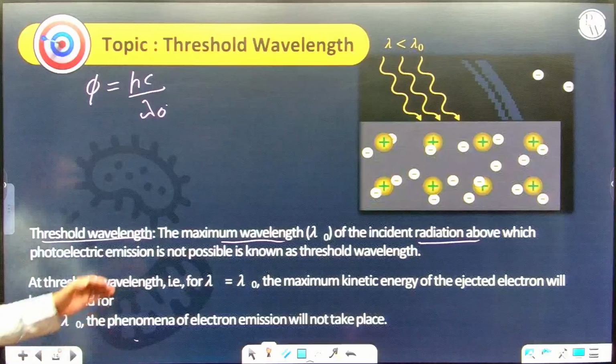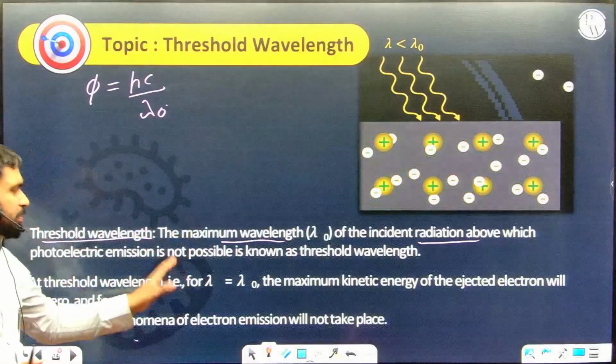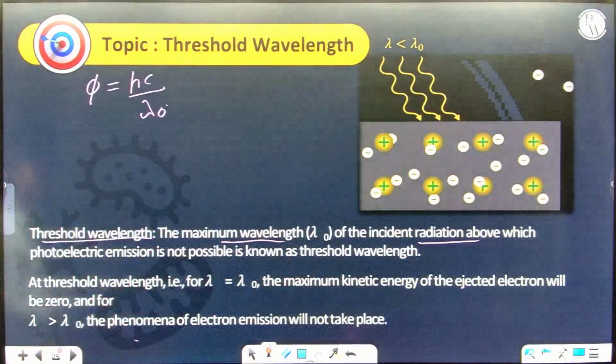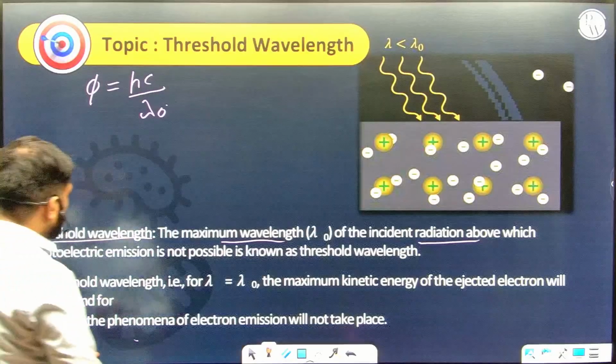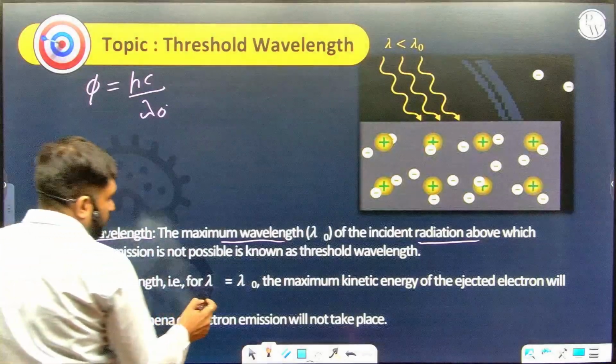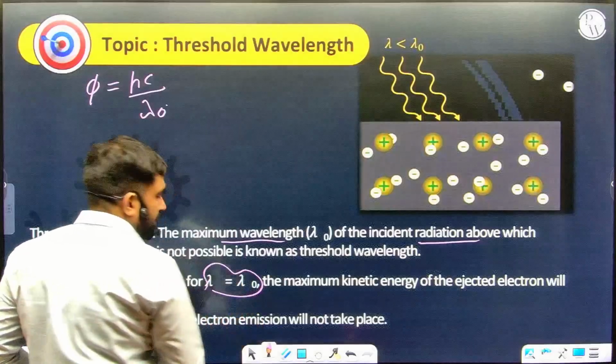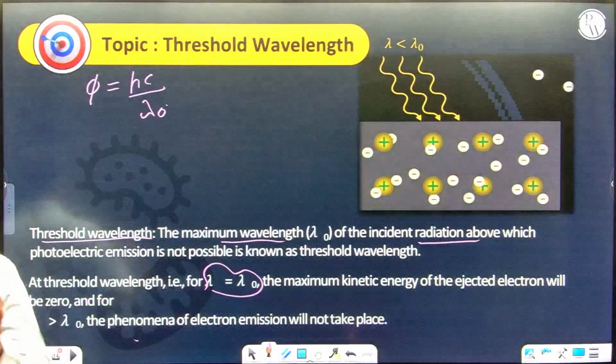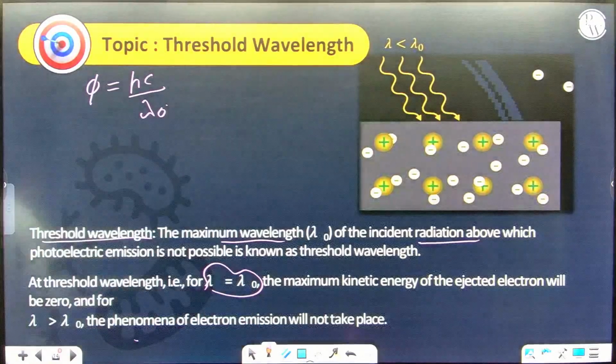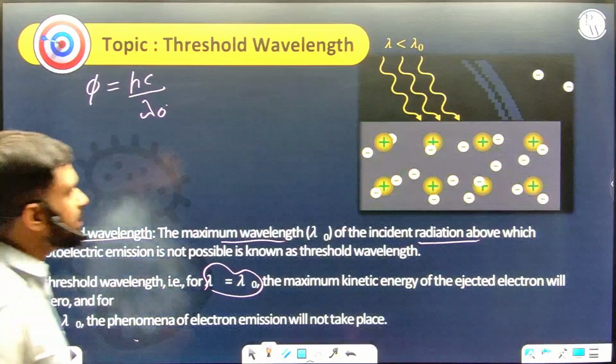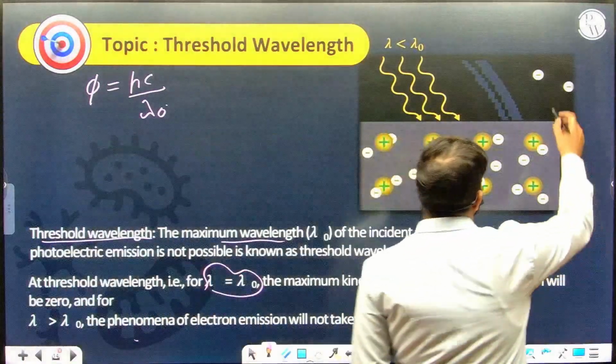If the wavelength is above that, it cannot produce photoelectric emission. At threshold wavelength, the supplied energy will be exactly equal to the work function, so the residual kinetic energy of the photoelectrons will be 0.